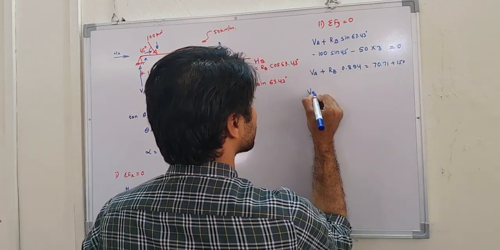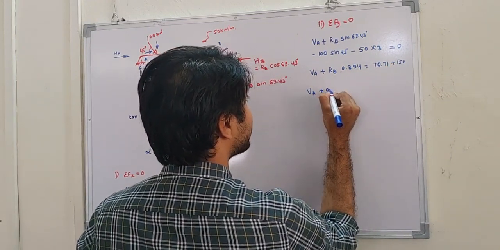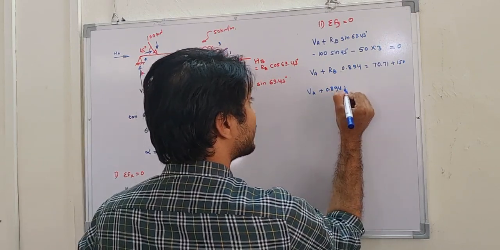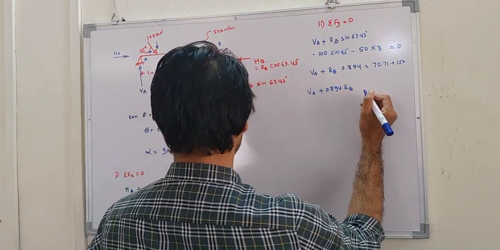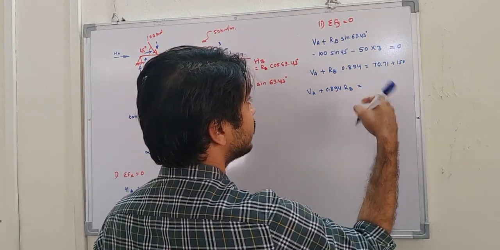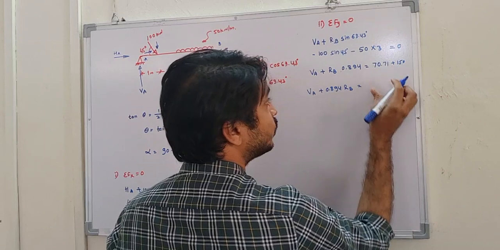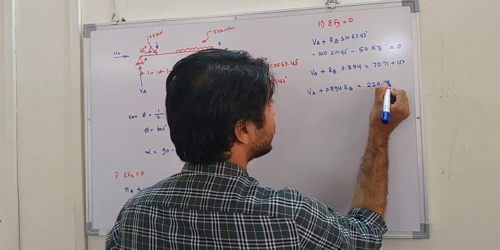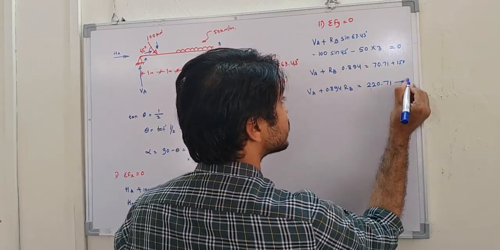So we get VA plus 0.894 RB is equal to 220.7 kN. Let us call this equation number 2.